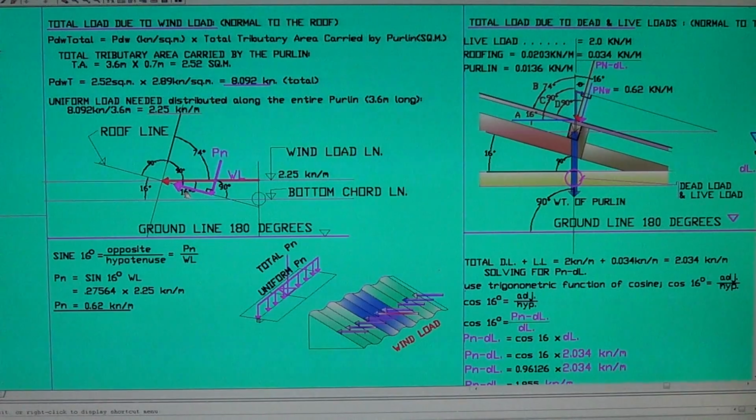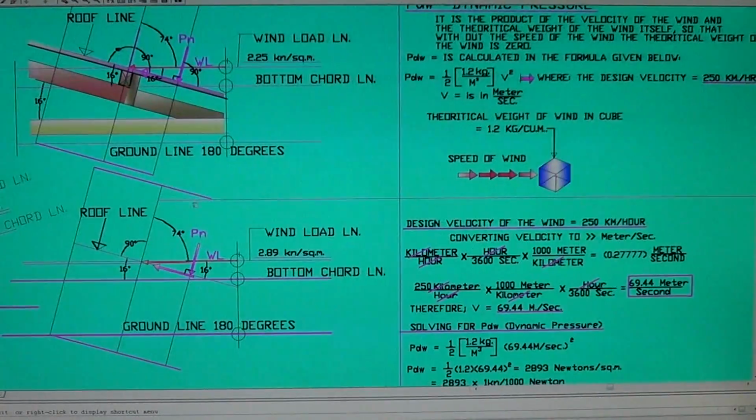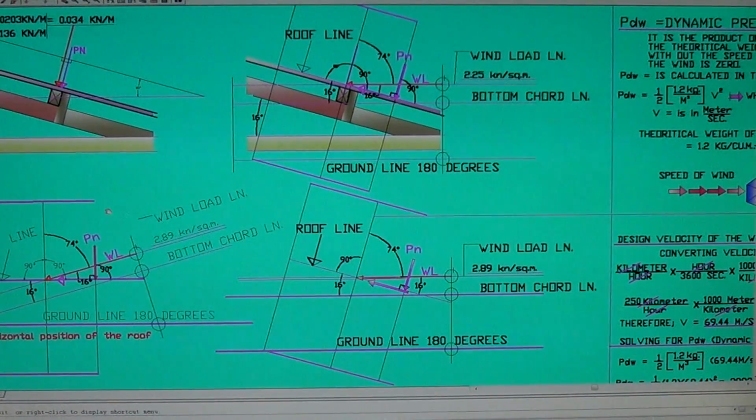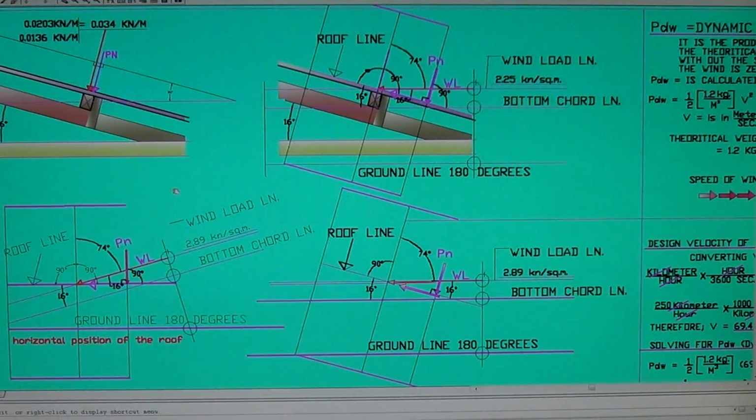Okay, the wind load becomes an inclined load by analysis because it is applied to the inclined surface, which is the roof. This is the explanation of why the horizontal load, or any load applied to an inclined surface, is considered an inclined load.